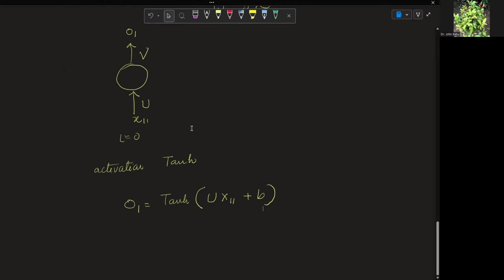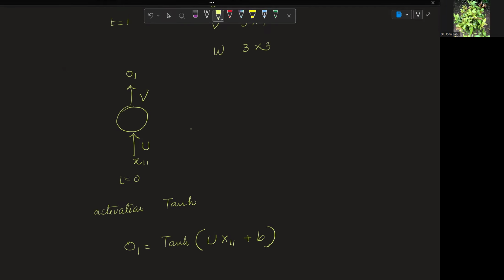This is general, but in RNN, what is happening? We have a feedback. Okay, we'll come to t is equal to 1. Let us not consider t is equal to 0. So here we have x12, and again we have the set of weights u, and again the set of weights v.